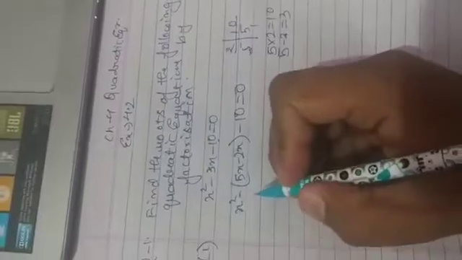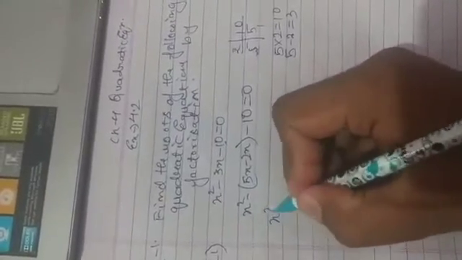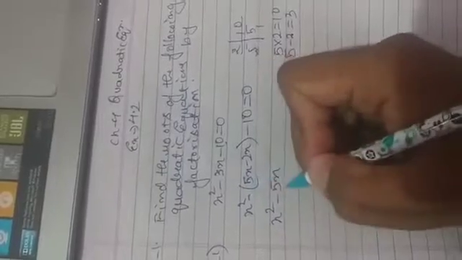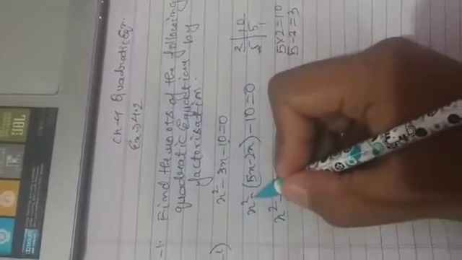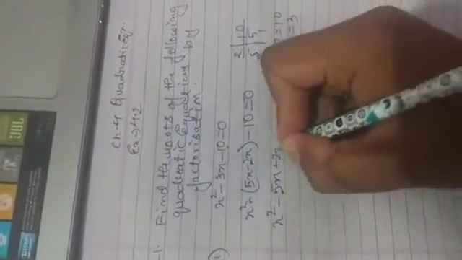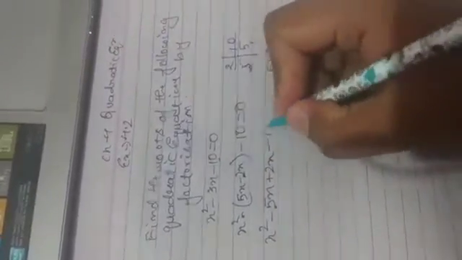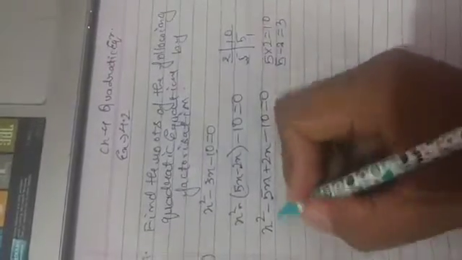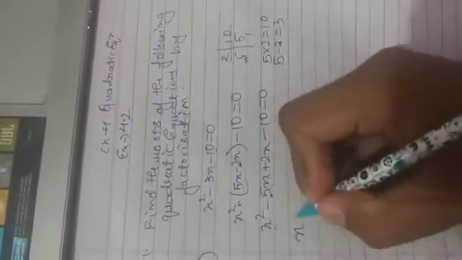Now when the bracket opens, this minus multiplied with plus gives minus 5x, and this minus when multiplied with minus 2x gives plus 2x, minus 10 is equal to 0. Now we will take common. In these two terms x is common.